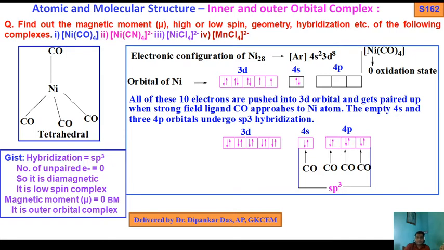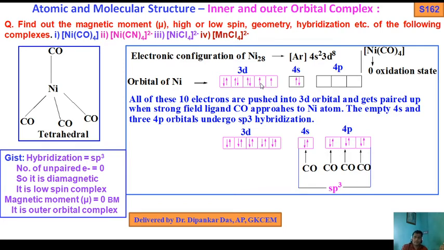Okay, so you see here the empty 4s and three 4p orbitals undergo sp3 hybridization. So if these 2 electrons come here, then how many CO? There are 4 CO. We need 4 vacant orbitals. So here 3 come from 4p and 1 from 4s, as these 2 electrons are forced to reside in the 3d orbitals.